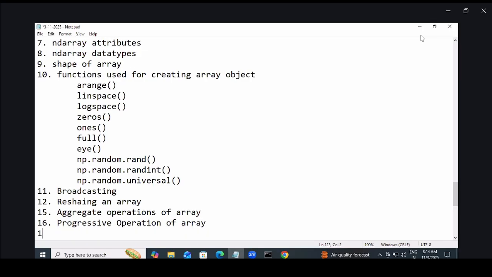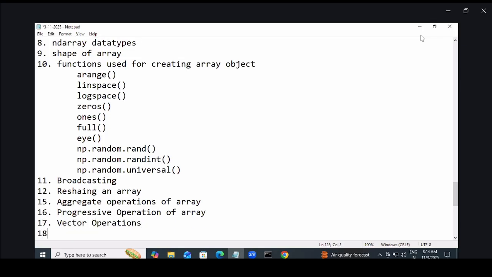After that, we have seen vector operations, and then matrix operations.